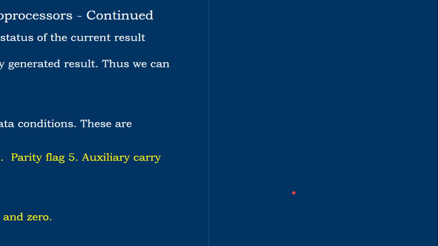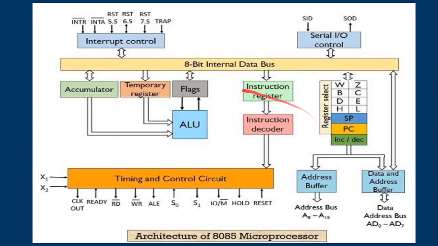So now the diagram I'm just presenting here is all about what we have seen so far. To summarize, we have a set of registers. For the registers, data is selected using the address bus and the data bus, and the instruction is held in the instruction register.